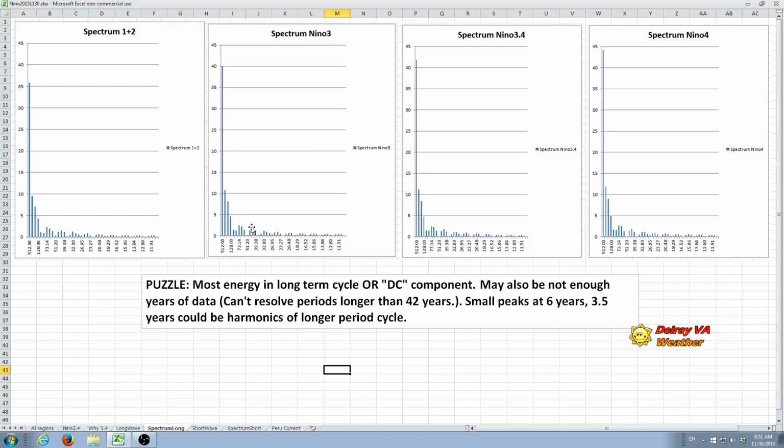That definitely looks like a harmonic effect of some other cycle. So as far as the long wave cycles, I really don't think you can draw too much conclusion other than that the sea surface temperatures in all 4 regions are basically flat.